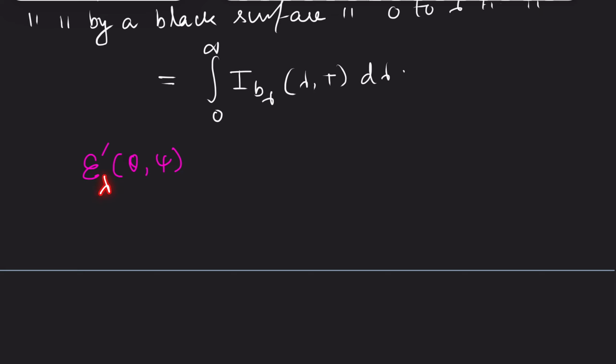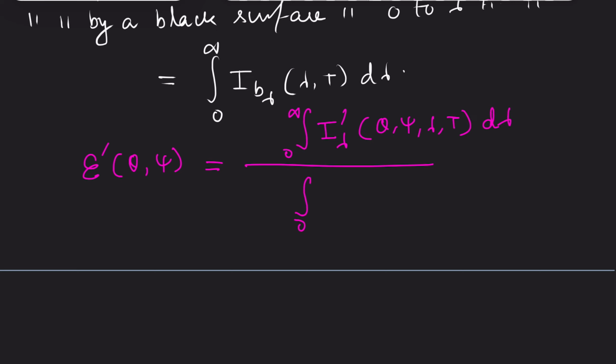So this lambda subscript will not be there, clear, and this will be equal to the integral from 0 to infinity of I dash λ(λ, θ, ψ, T) dλ over the integral from 0 to infinity of I_bλ dλ, okay, this thing.